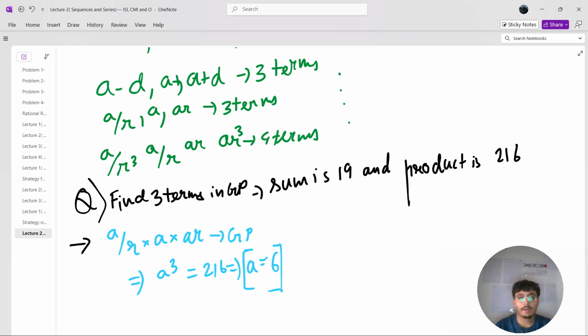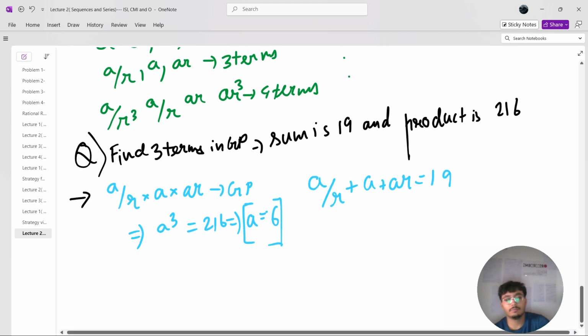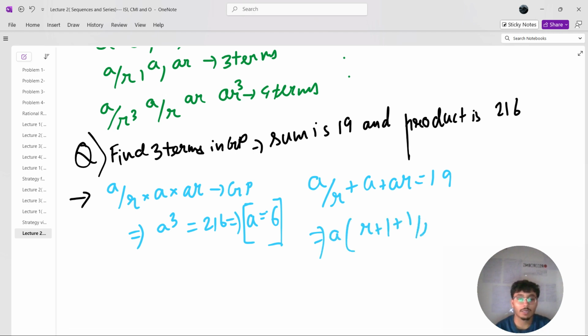And we are given that the summation is 19. a by r plus a plus ar is given to be 19. If I take a common, then r plus 1 by r plus 1 times a is 19, and a is 6. So r plus 1 by r plus 1 is basically 19 by 6.